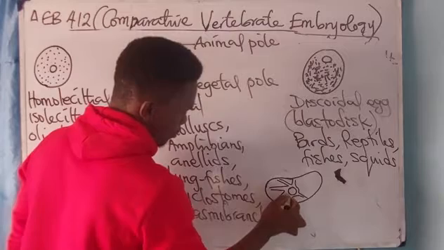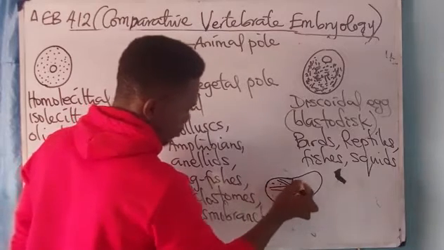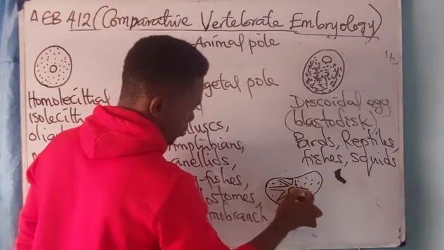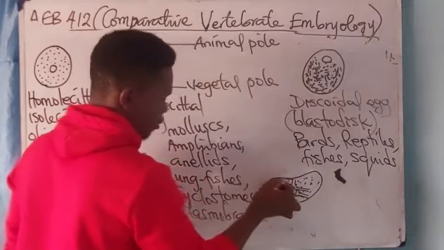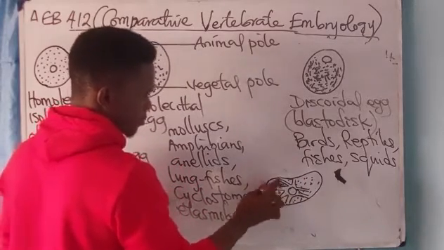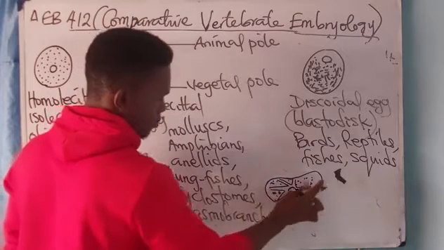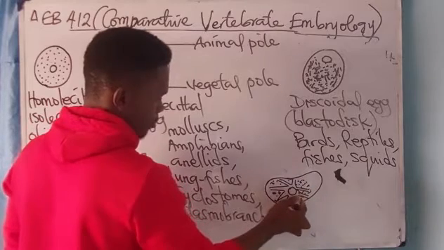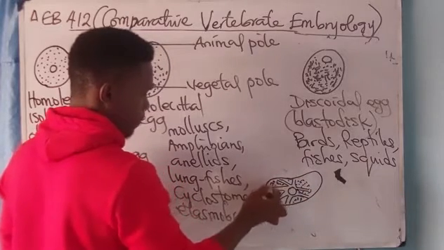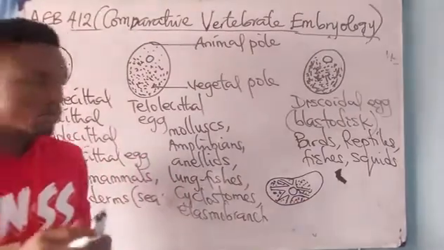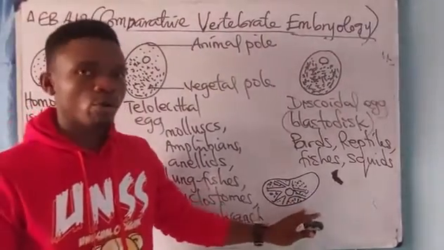This is a type of egg in which the yolks are just found concentrated at the middle of the egg.